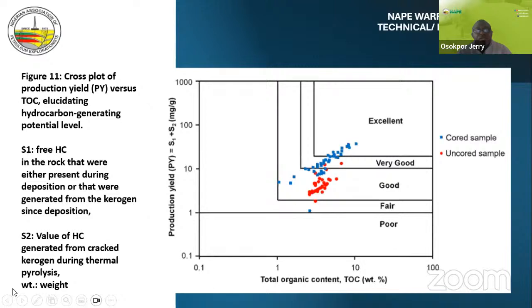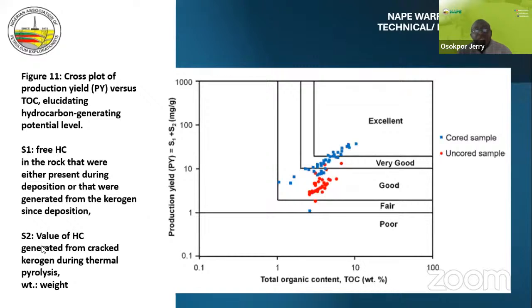So consequently, these findings also lend a voice to the uncertainty surrounding the source sediments of the Niger Delta Basin.